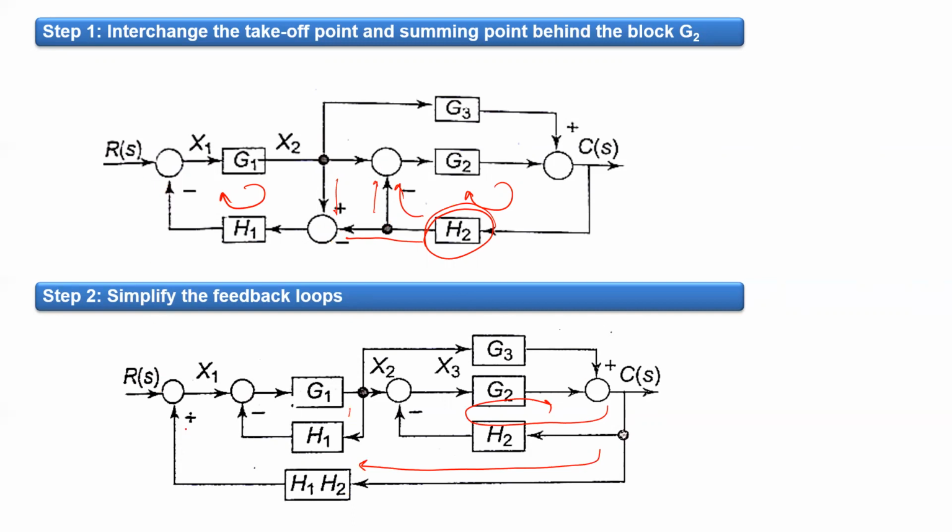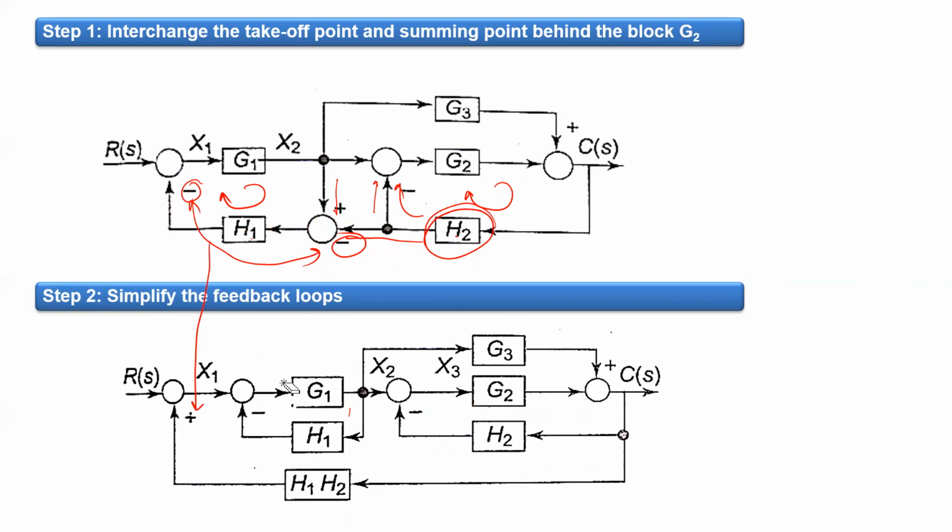Now, as you can see here, it is minus, and here also it is minus. So minus minus has been replaced with a positive sign. This is because we have multiplied H2 and H1 here. So this is how we have simplified the feedback loops.